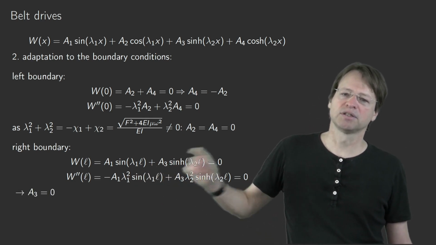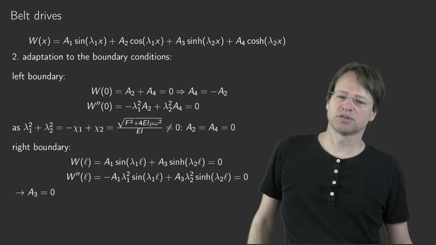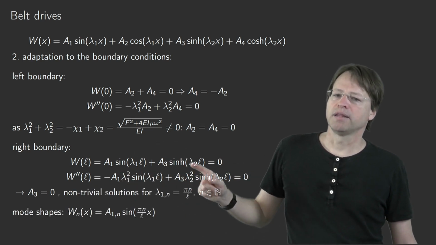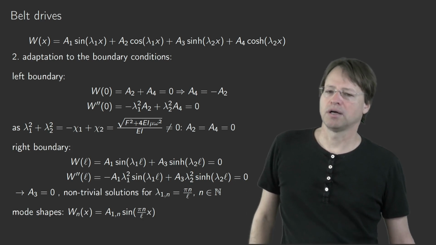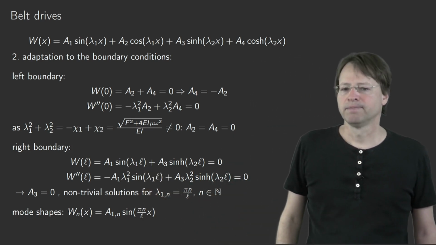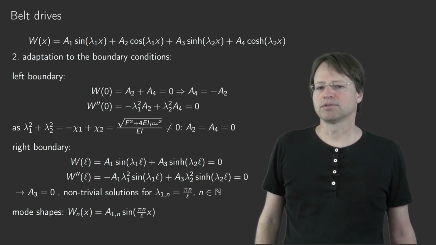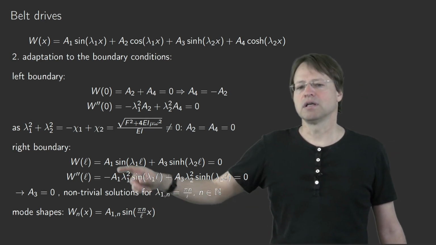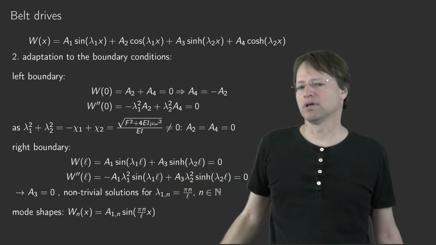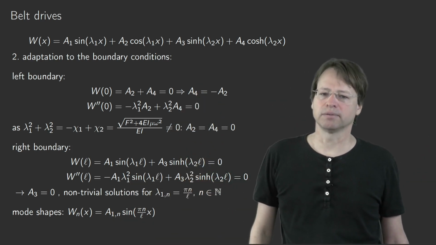So let me summarize. By adding these two equations, we deduce that a sub 3 is equal to 0. And then non-trivial solutions are only possible if the sine of lambda 1L is equal to 0, so it vanishes. This allows a sub 1 to take an arbitrary value, a value we have to fix later on.